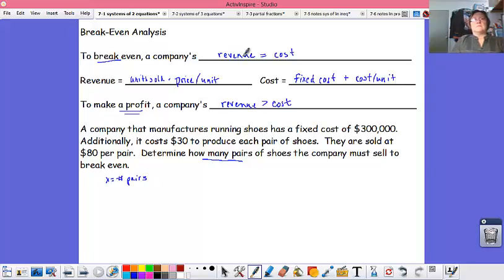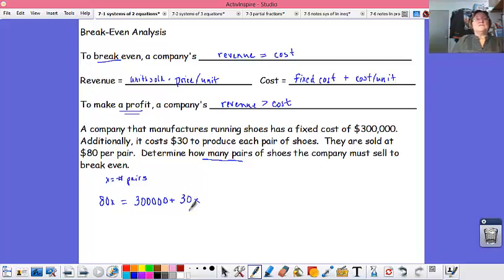So we set up our revenue, the number of units sold, that's our X, times the price per unit, that's 80. So 80X, that's our revenue, must equal $300,000 in fixed costs plus $30 per pair of shoes, or 30X.